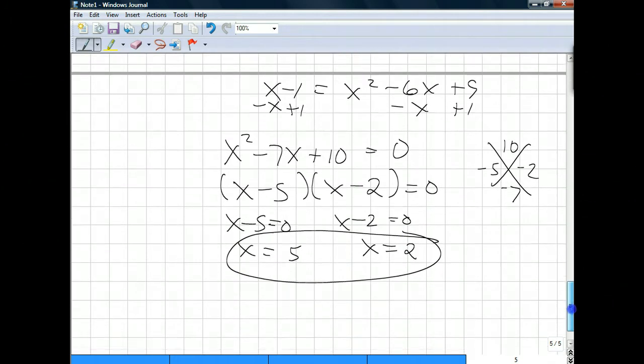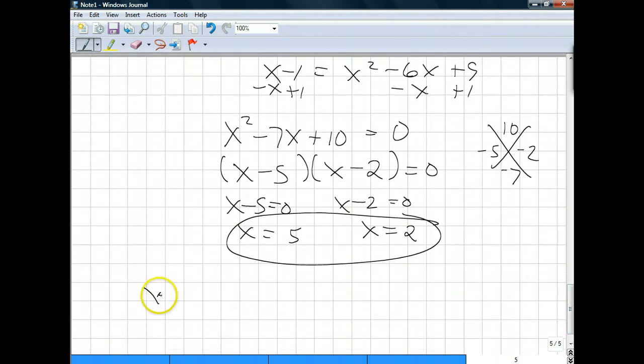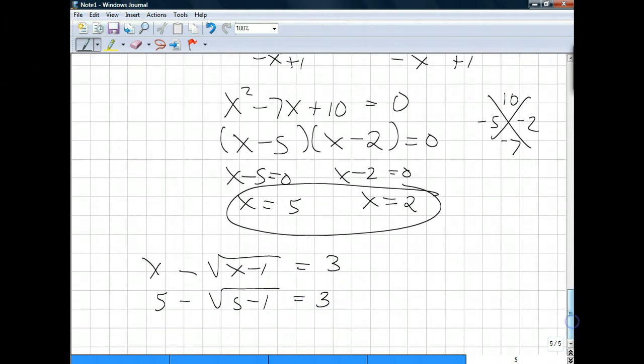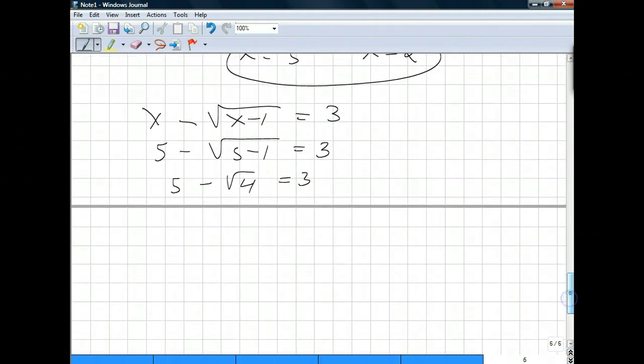So remember that the original problem was x minus the square root of x minus 1 equals 3. So if I put 5 in, I get 5 minus square root 4 equals 3. Square root of 4 is 2. So I get 3 equals 3.